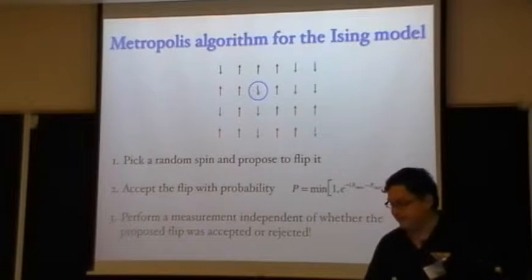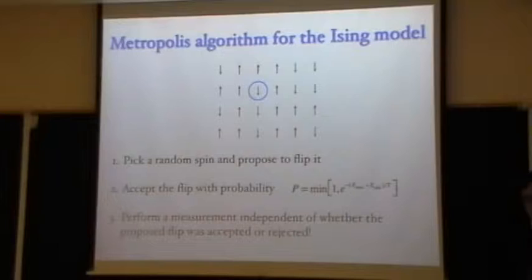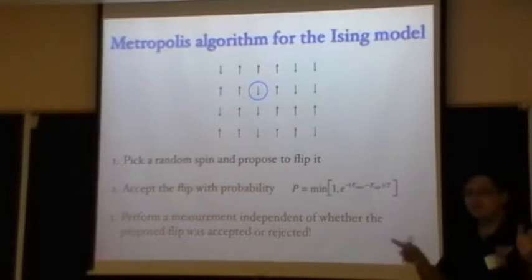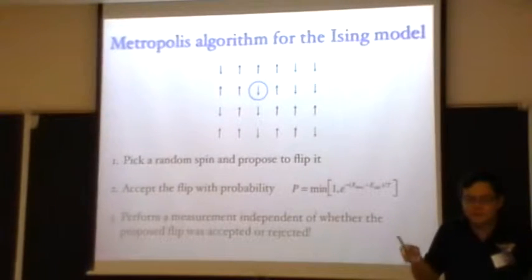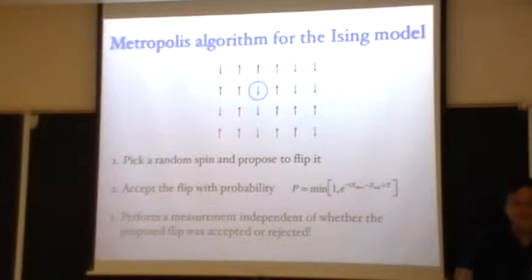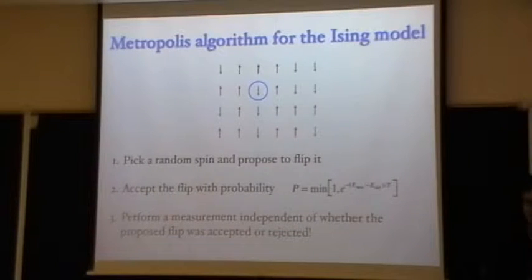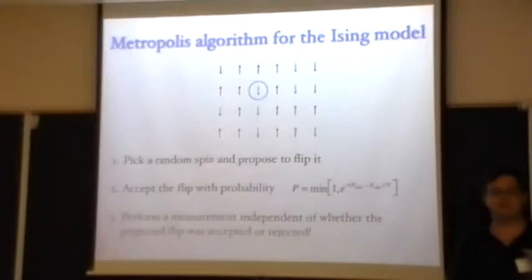And then one thing at the end is, when we reject a spin flip, it doesn't mean we start over again, but it means that the new configuration is the same as the old. And it means we have to measure again in that old configuration. It doesn't mean we just try something new, but the next configuration is again the old one, and we measure once more in the old configuration, and then try a new spin flip.